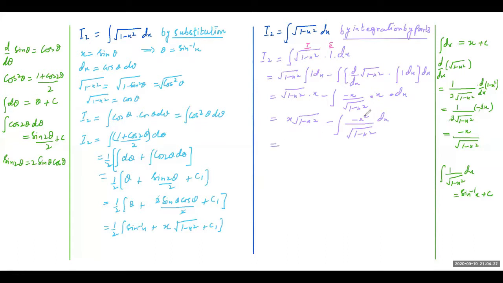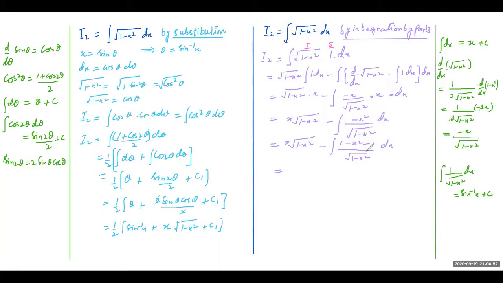Now again add and subtract a 1 here. You will get x into square root of 1 minus x square minus integral 1 minus x square minus 1, add a 1 and subtract a 1, divided by square root of 1 minus x square, and you have a dx here.